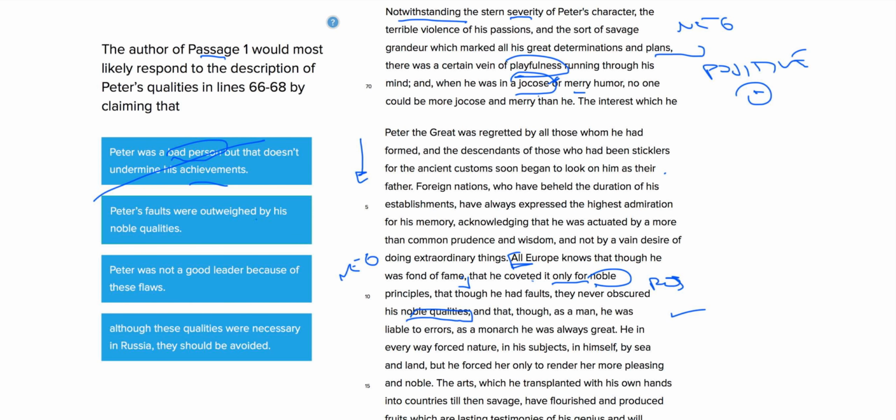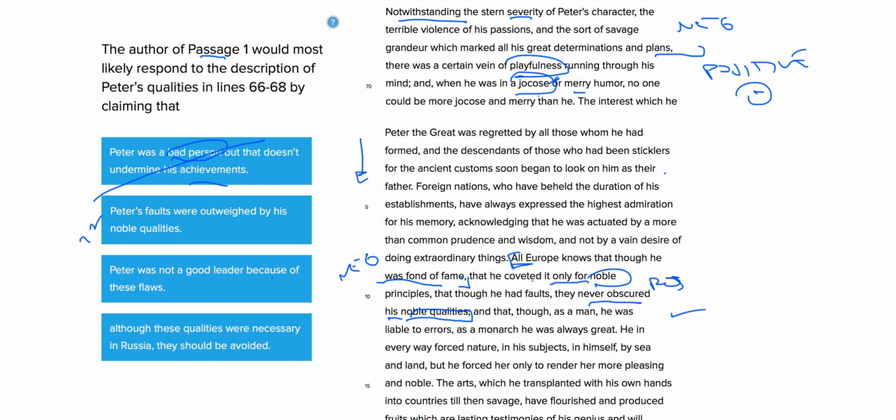"Peter's faults were outweighed by his noble qualities." Well, this seems a little bit better. We're saying over here that there are some faults. Being fond of fame seems to be a negative thing, since that's followed by him coveting fame only for noble principles, which is a positive thing. And those negative things aren't obscured by his noble qualities, so that makes a lot more sense. Let's see if we find something better.